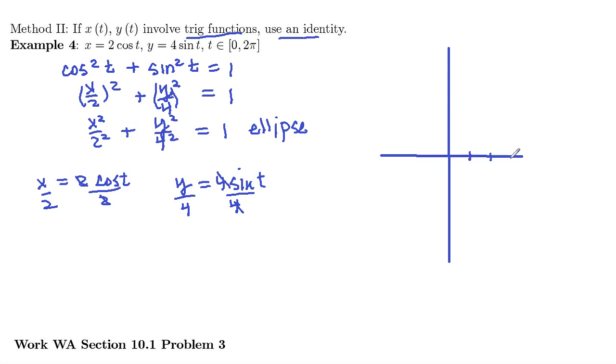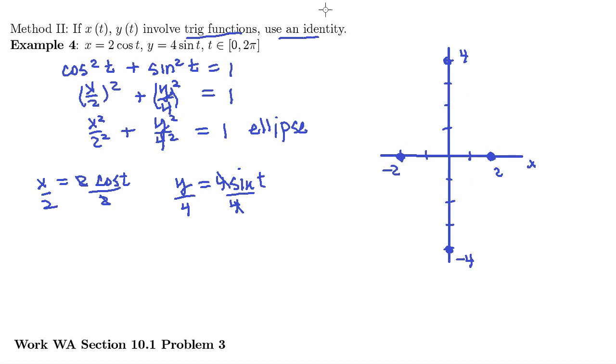So 1, 2 in the x, negative 1, negative 2, 1, 2, 3, 4, 1, 2, 3, 4. So it's going to go through this point out here at 2, 0, and then also negative 2, 0, and then up at 0, 4, and 0, negative 4.